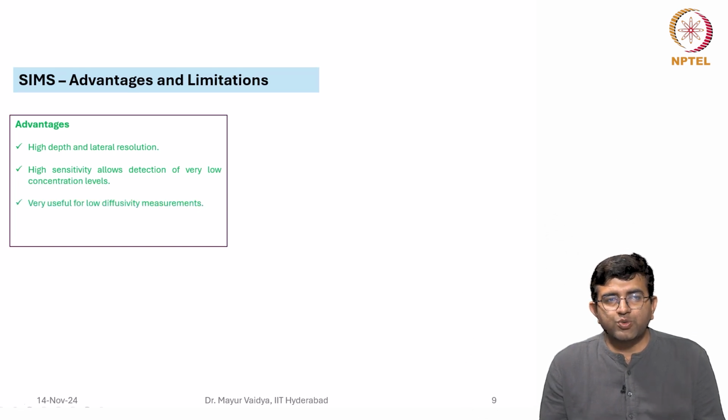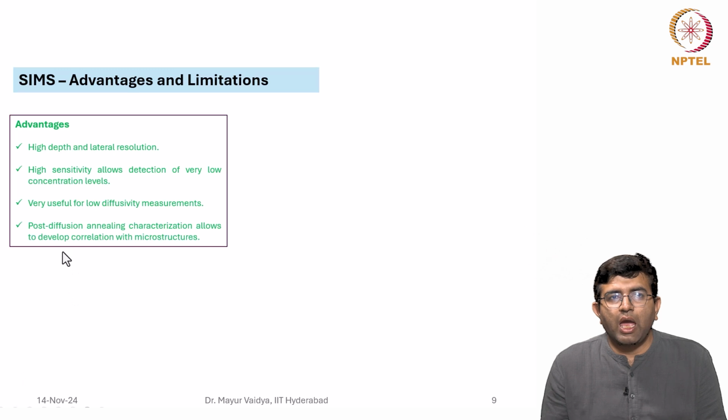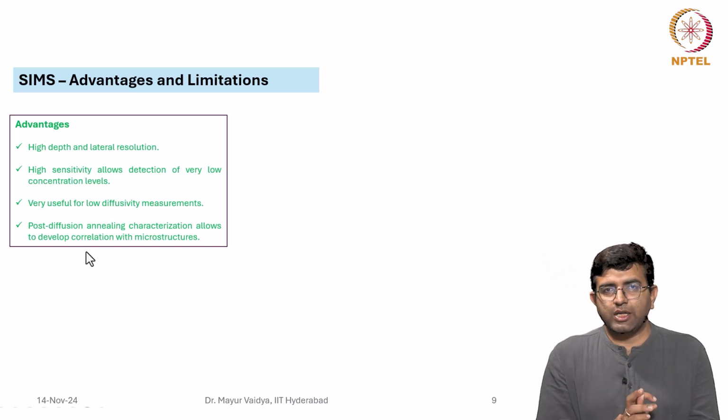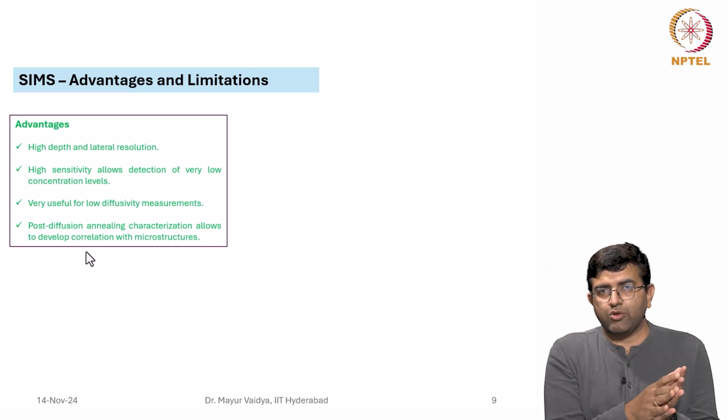It is very useful for the low diffusivity measurement, and the post diffusion annealing characterization allows you to develop the correlation with microstructure. This is another very powerful advantage with SIMS, which is not available with the radiotracer technique.